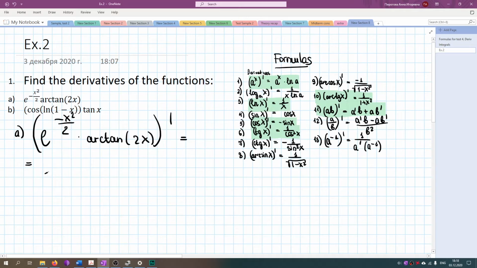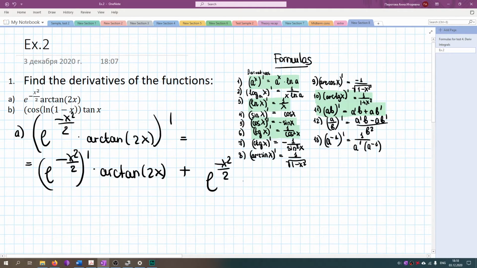Firstly, we take the derivative of the first component, e to the power of minus x squared divided by 2, and multiply it by the second component, and then we add our first function without the derivative and the derivative of the second component.